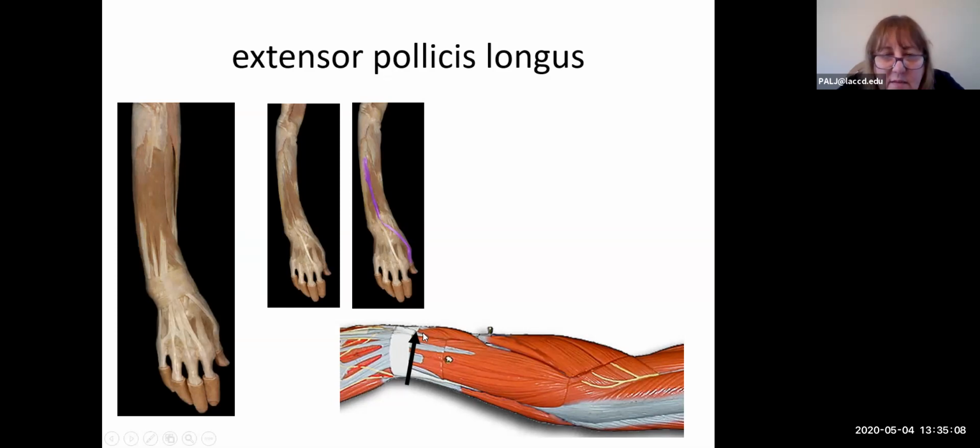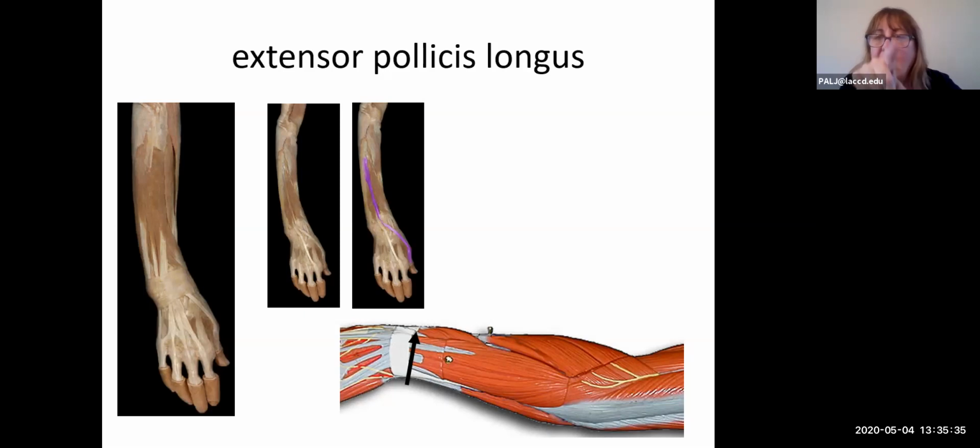But right between those 2 muscles and the extensor digitorum, you can see the tendon of a muscle that is deep to the extensor digitorum. So this is showing the muscle deep to the extensor digitorum, and here is its tendon going to the thumb. So this is the one that extends the thumb, so it's called the extensor pollicis longus.